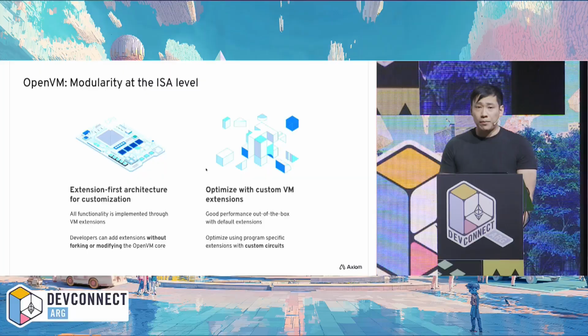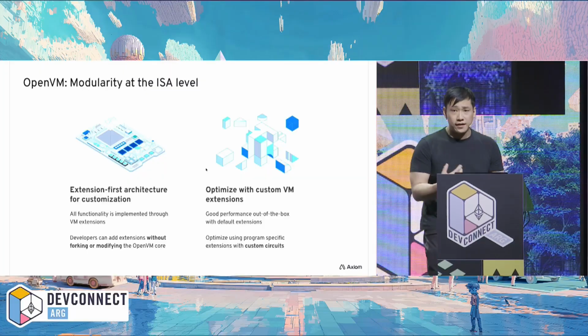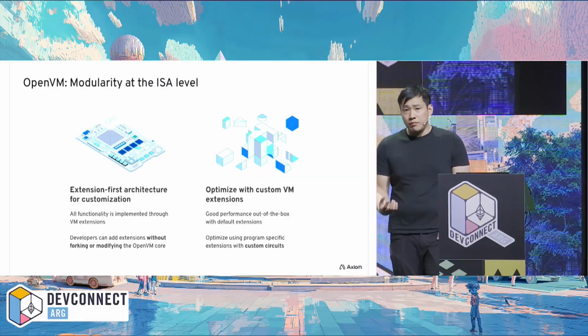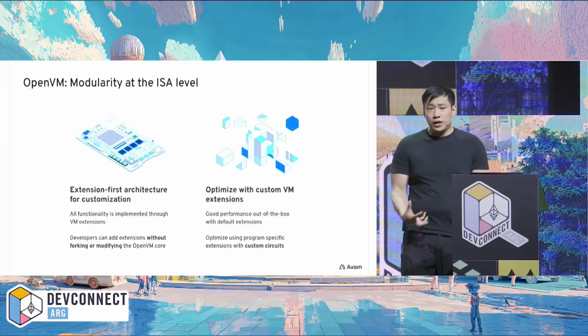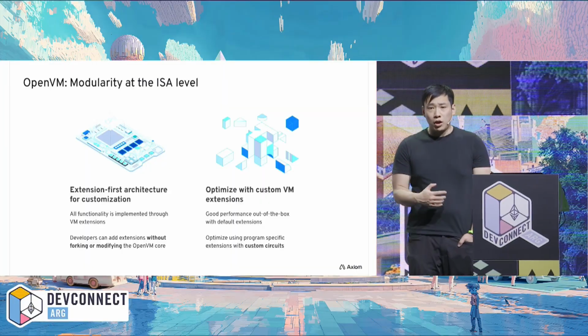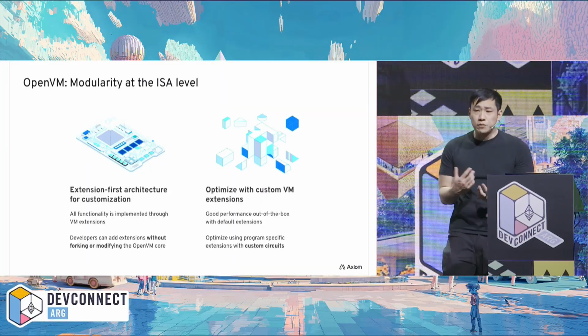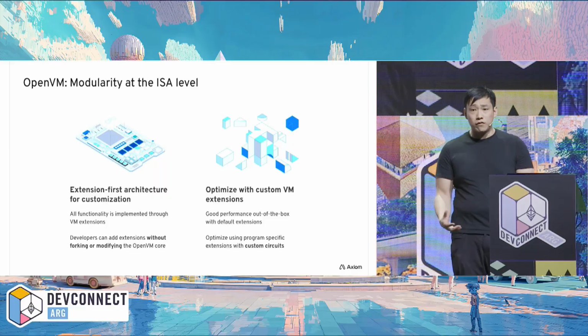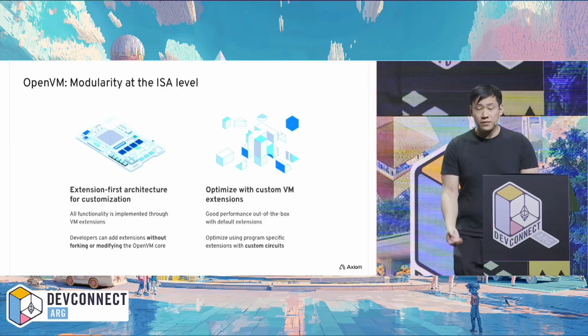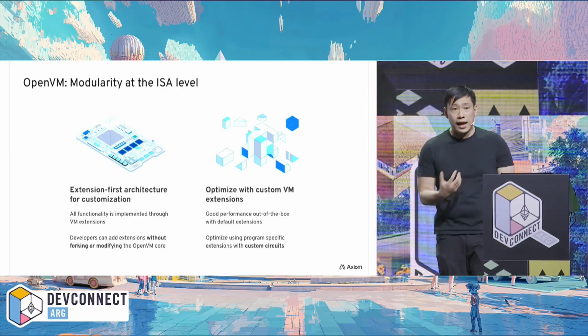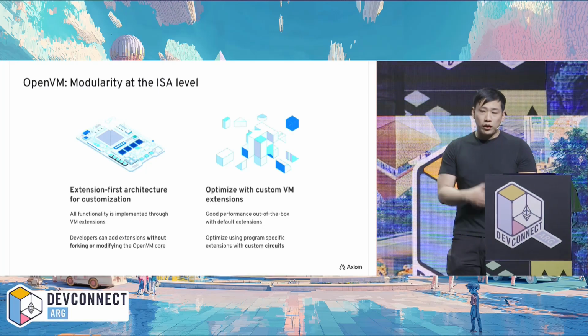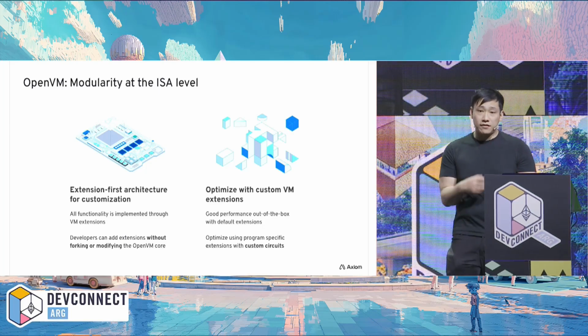Now, to talk more about the modularity at the ISA level, with OpenVM, we allow developers to build an ISA through what we call VM extensions. These are groups of opcodes that interoperate over common memory spaces, and developers can add or modify extensions while importing the core OpenVM as a library.